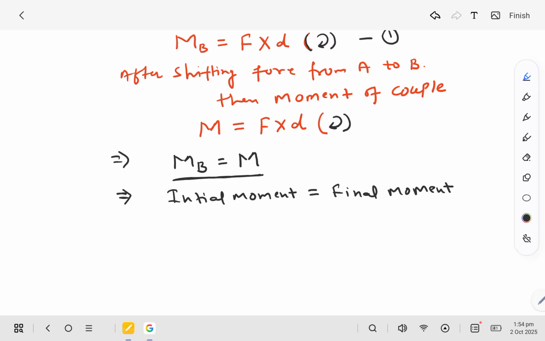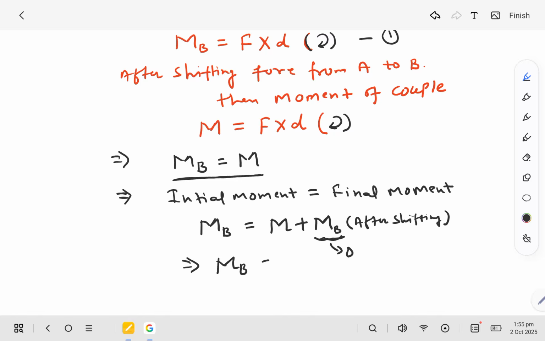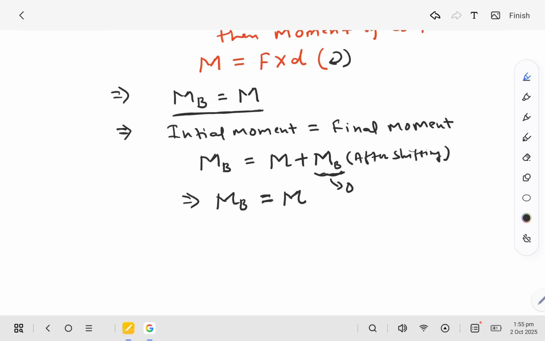The initial moment is MB about point B, and the final is the moment of couple plus the moment of force about B, which is 0 after shifting, because this force is passing through the point B, so the net moment of this force is 0. That's why there is no change in moment between initial and final.